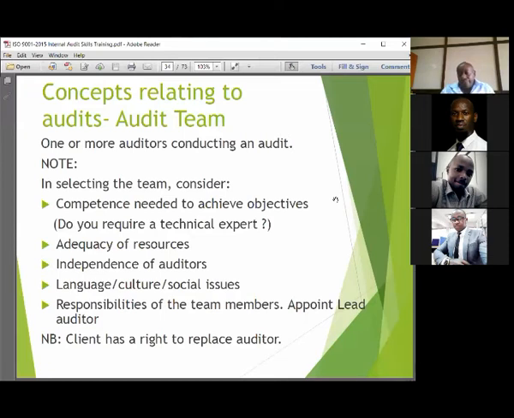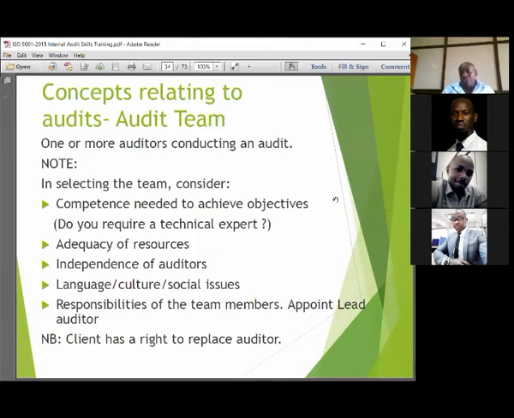If there are two people who have been fighting maybe for a position, and you want this person to go and audit the other person, there are some things which can arise which are not very good because there are some conflicts. But normally it does not happen.